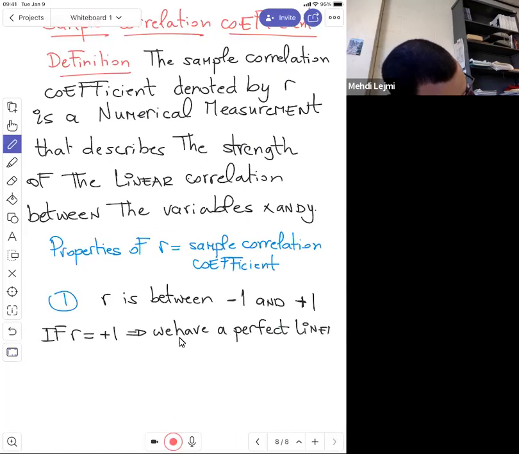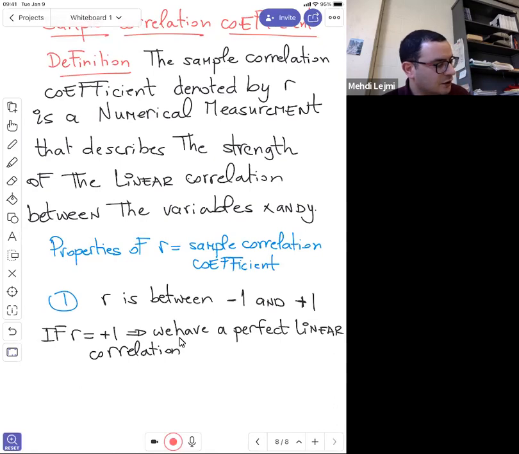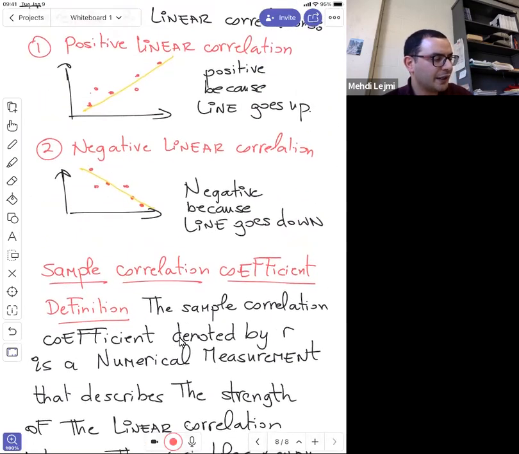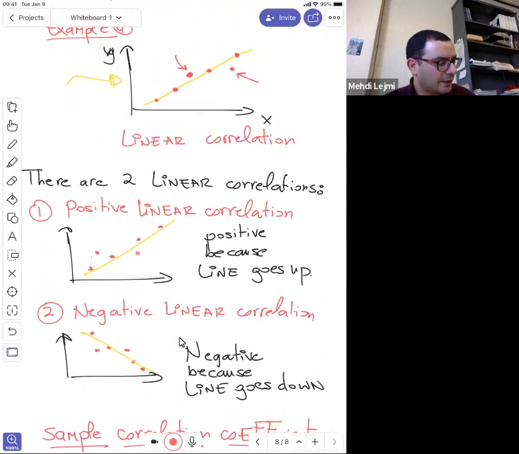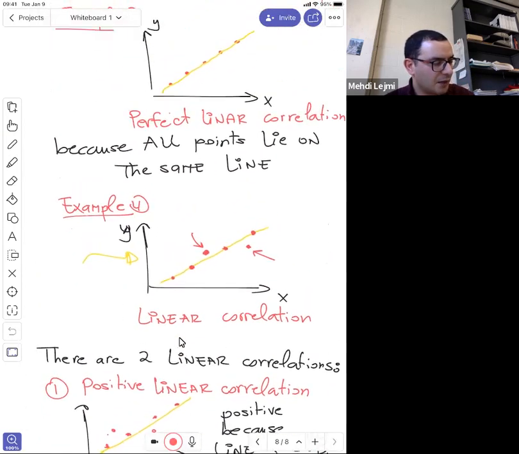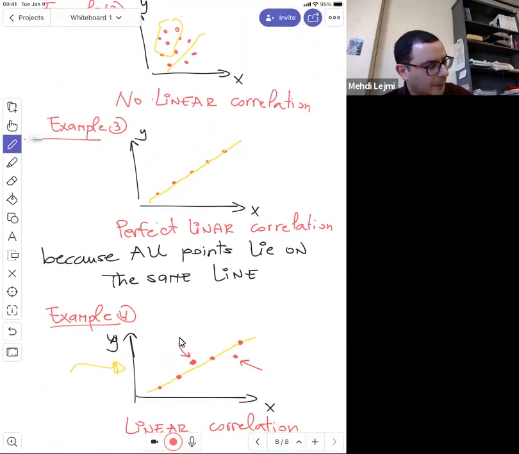What I mean by perfect linear correlation is that all the points of your data lie on the same line.